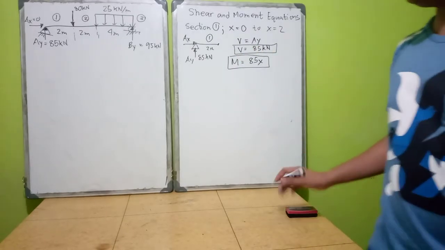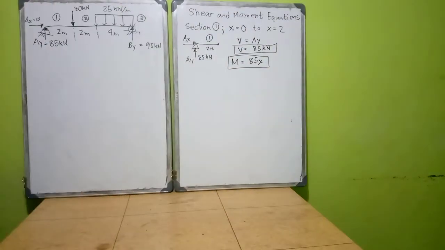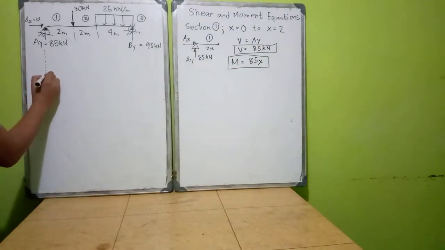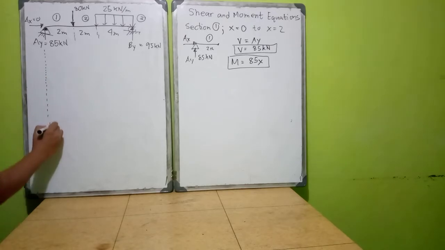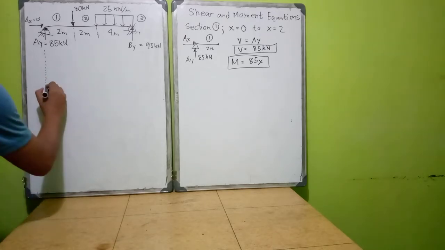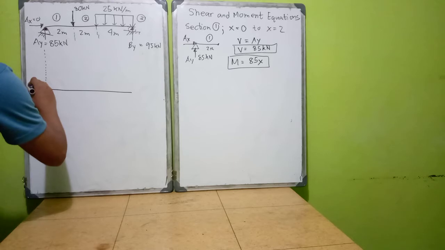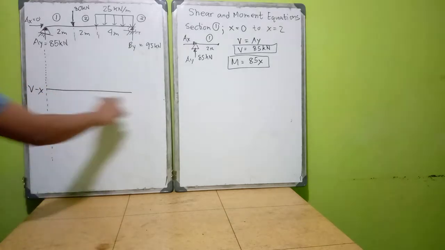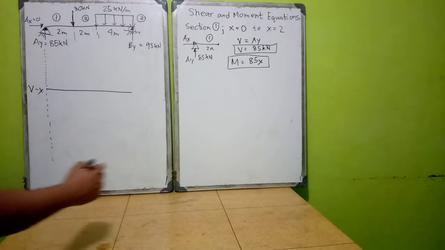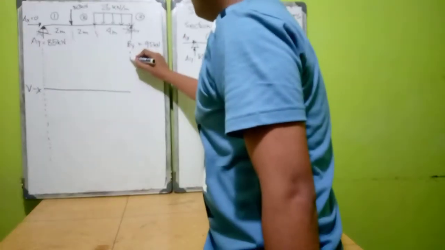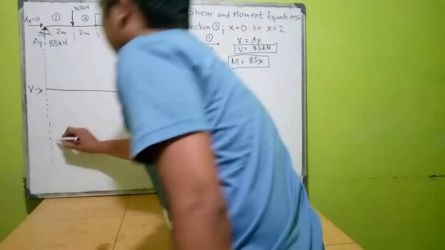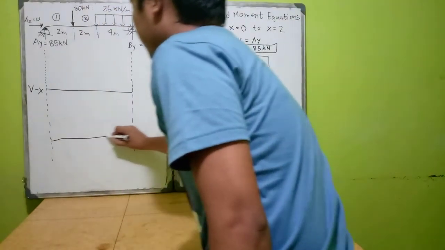How do you draw that in your shear and moment diagram? Let us try to draw it. Let us say this is your Vx diagram, and this is the line that represents the zero shear. And for the moment diagram, let's put it there.